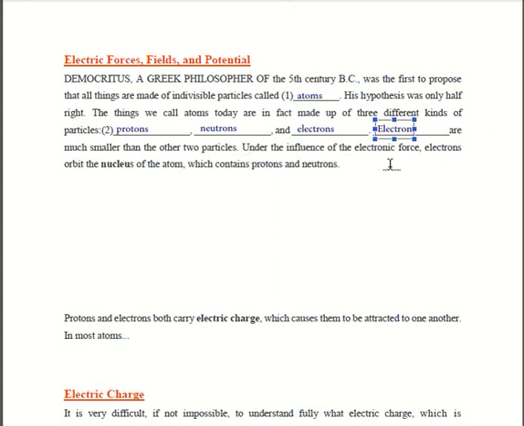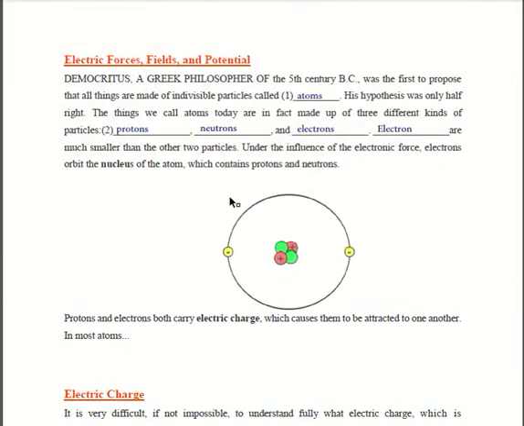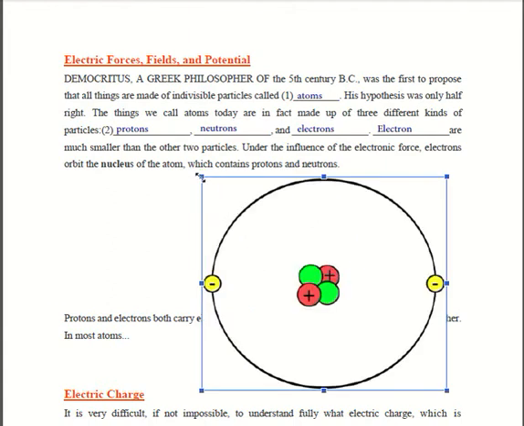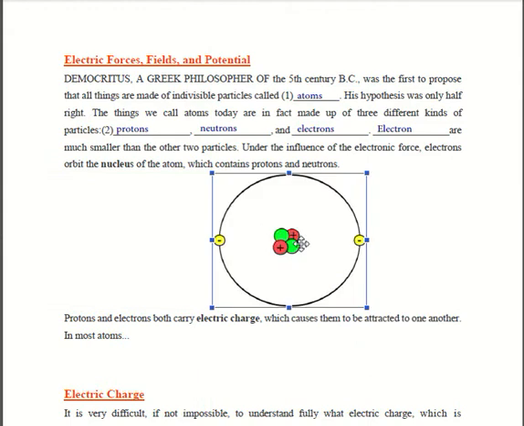Because of some kind of electronic force, some kind of interaction that we're going to look at between these particles, electrons orbit the nucleus of the atom, which is made up of protons and neutrons. So if we want to look at that, we're going to look at a helium atom. So this is kind of Democritus's idea.